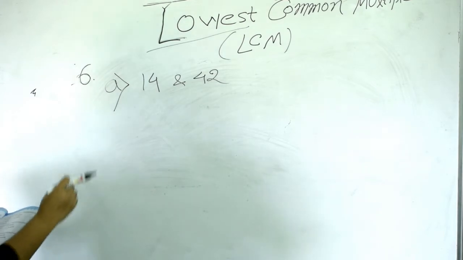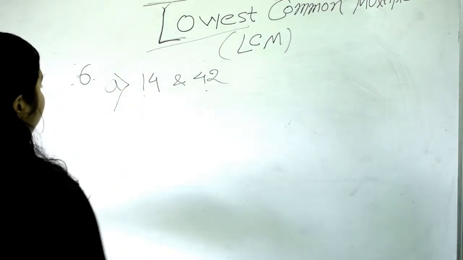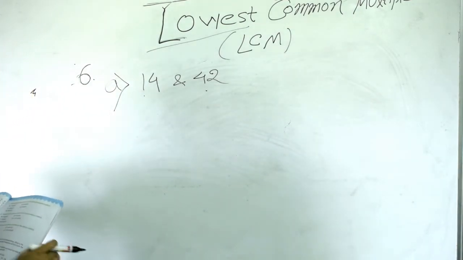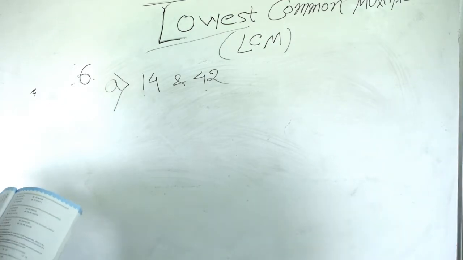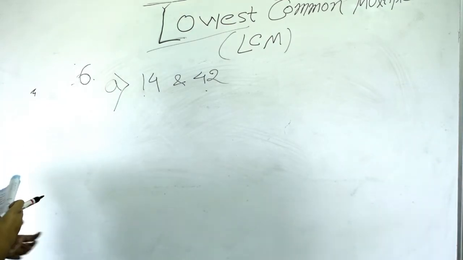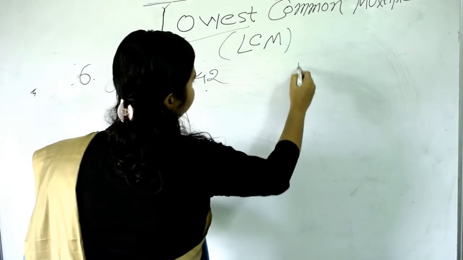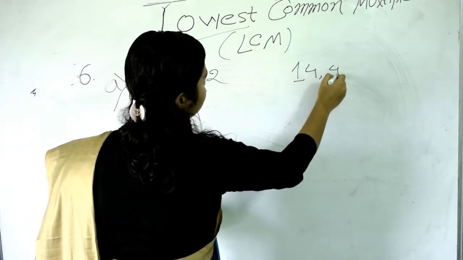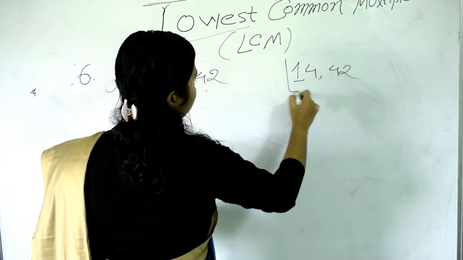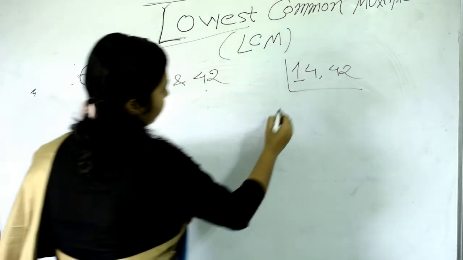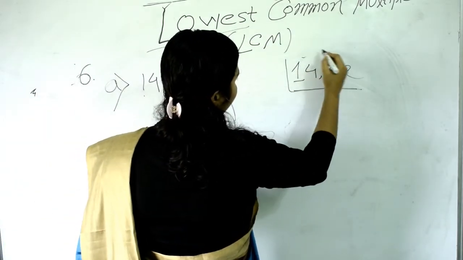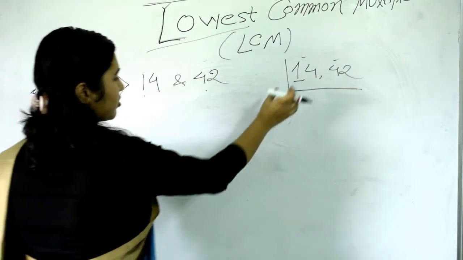We have to find the LCM of 14 and 42 by the common division method. So what is common division method? Here you have to take 14 and 42 at the same time and then factorize these two.